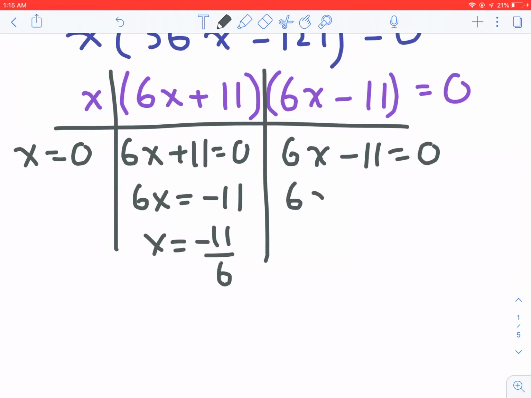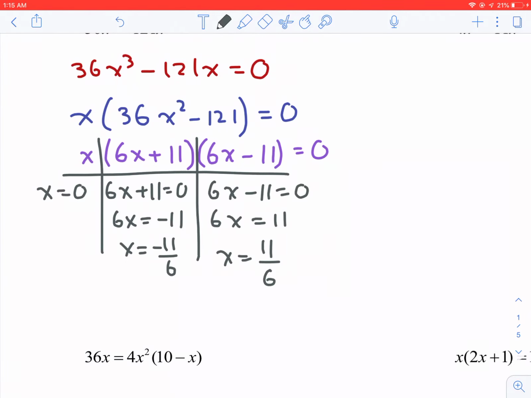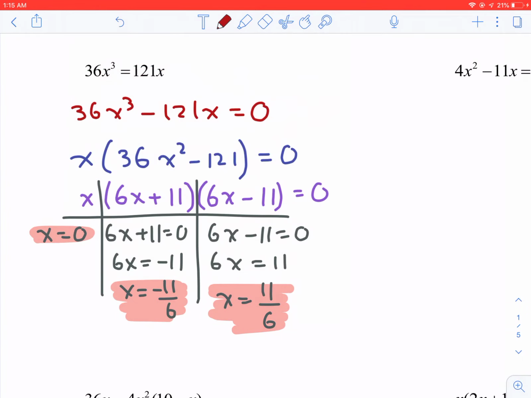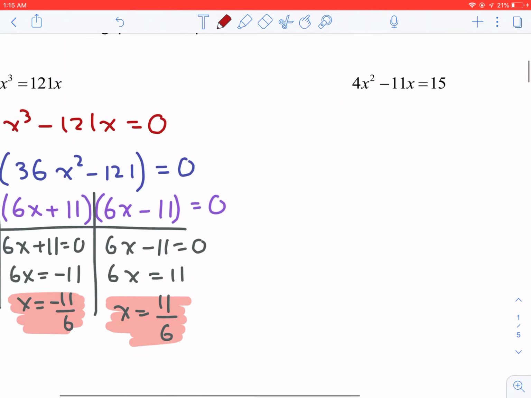Over here we get 6x is equal to positive 11 once we add 11 to both sides, and x is 11/6. Nothing new here: GCF, difference of squares, zero product property.